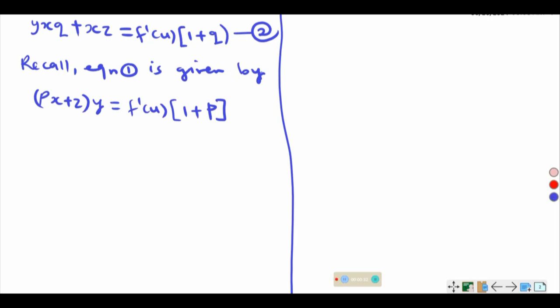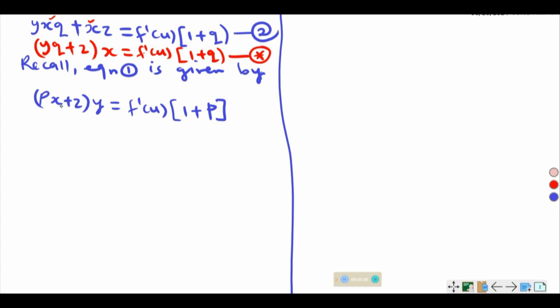But from that same expression, we can easily factorize out x, since it is common here, such that we have yq plus z into x, which is the same as f derivative of u into 1 plus q, and we can call this one equation star.